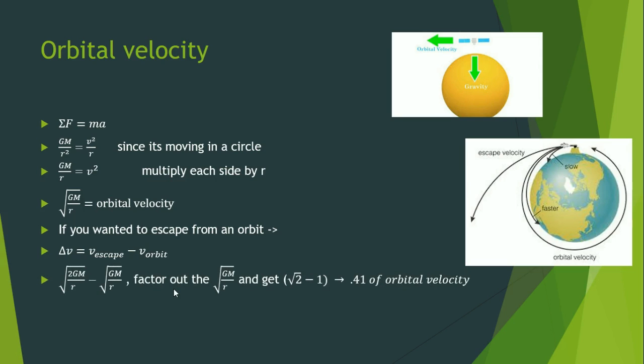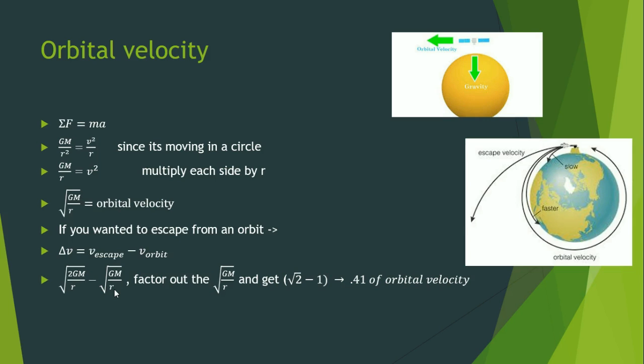So here is our formula. We have the escape velocity from the last slide, the square root of 2GM over r, and the orbital velocity is just the square root of GM over r. Notice how they're very, very similar. It's just a slight difference.